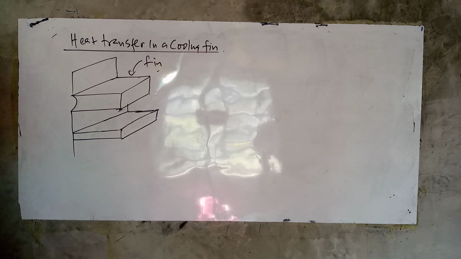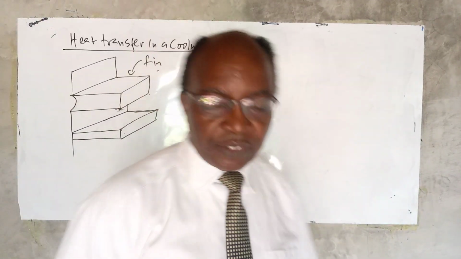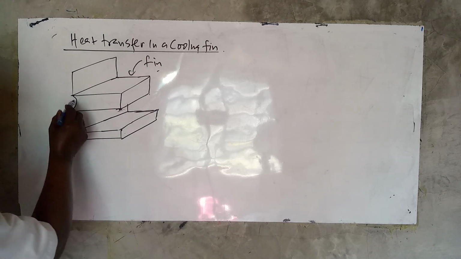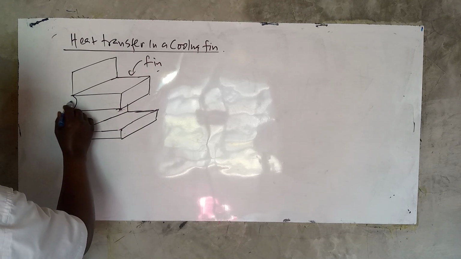And like I've said, there's a substantial increase in surface area, which increases the efficiency of the heat transfer. And so we can draw the heat flow lines and the isothermals.